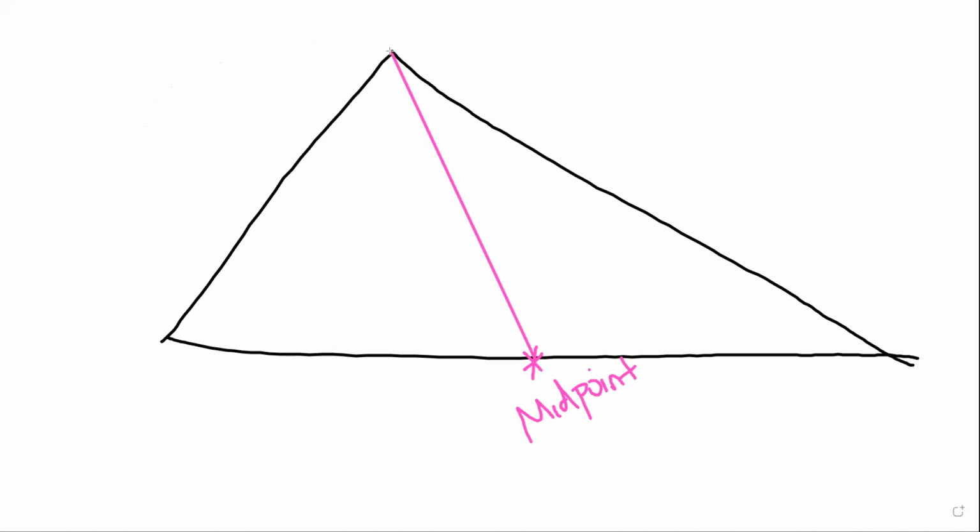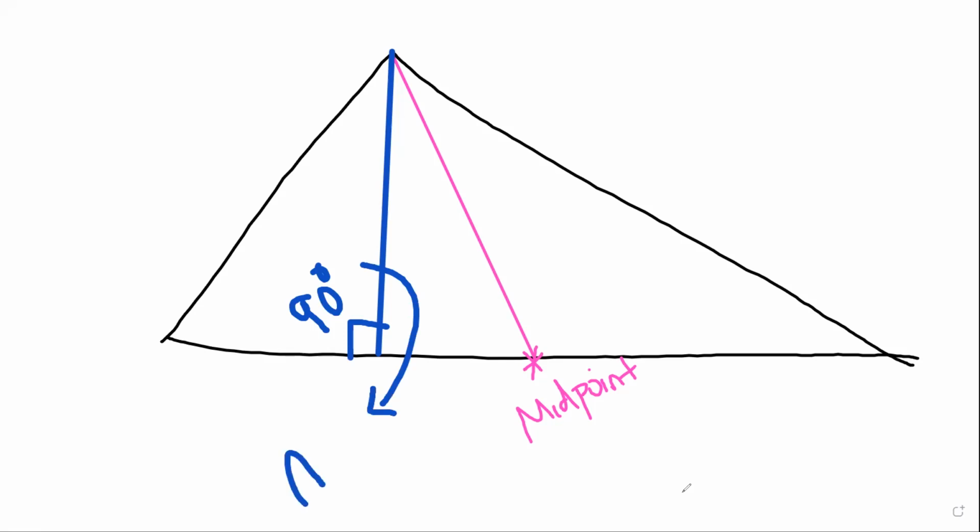So I'm starting from the vertex, going down at a perpendicular angle. When I meet my opposite side, I will stop here and make a perpendicular angle, or 90 degrees. This blue one, we call it altitude.